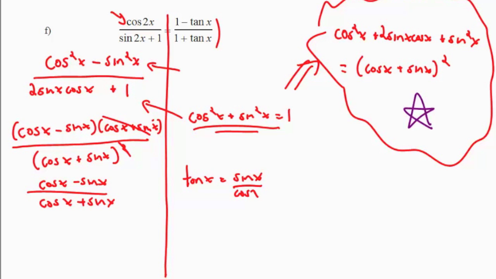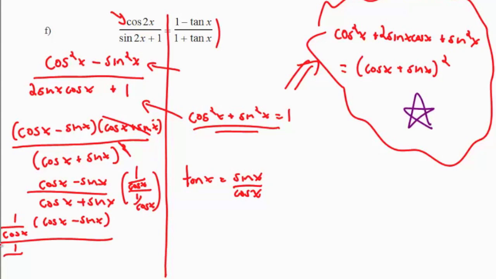Well, check this out. I have cos subtract sine, cos plus sine. I know that tangent is equal to sine x over cosine x. So if I multiply the top and bottom by 1 over the cosine of x, which is totally legal, again, the same term divided by itself is just 1, so that's why we're allowed to do that. Look what happens.